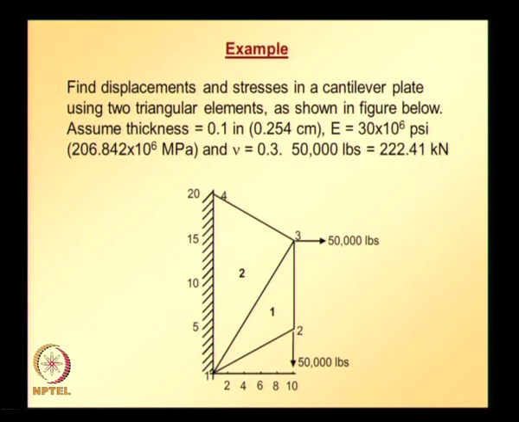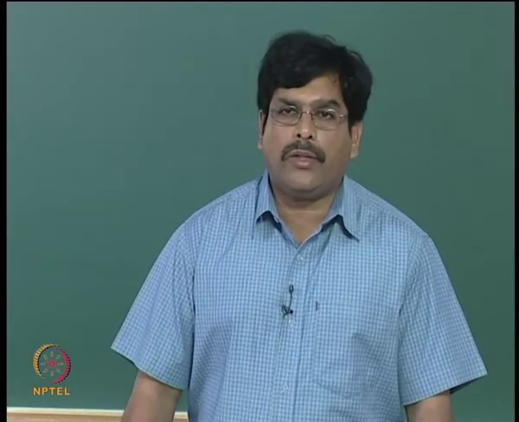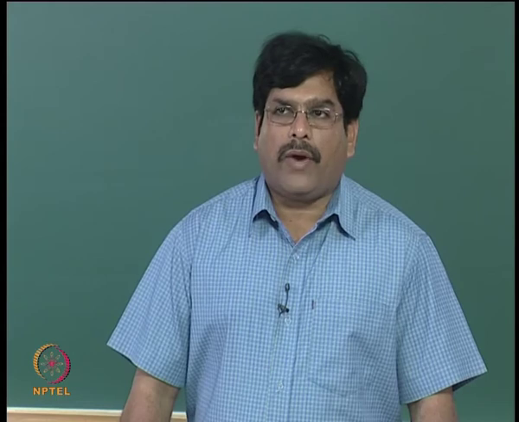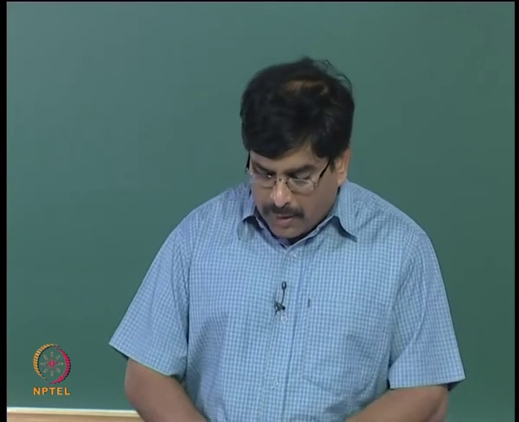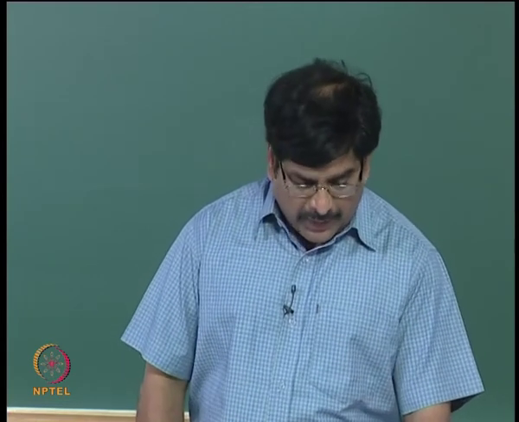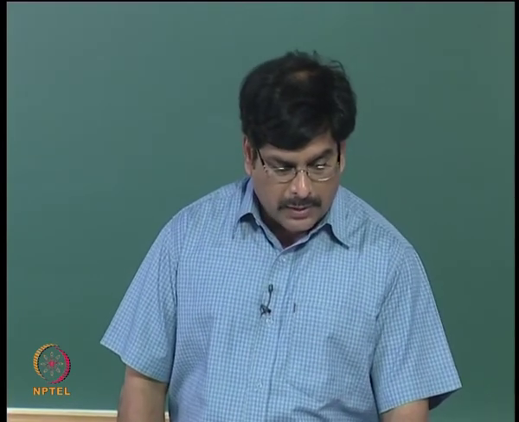So, the total final equation system is going to be 8 by 8, and element 1 contribution goes into rows and columns 1 to 6, and element 2 contribution goes into rows and columns 1, 2, 5, 6, 7, 8. So, noting all this information, we can quickly assemble the element equations.